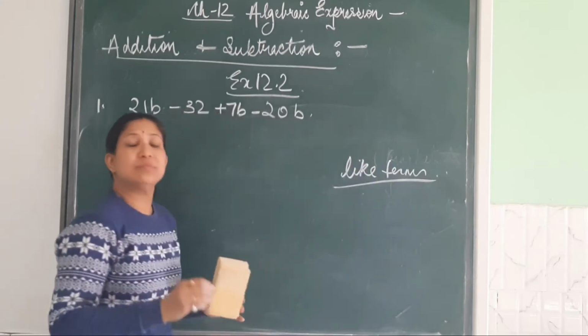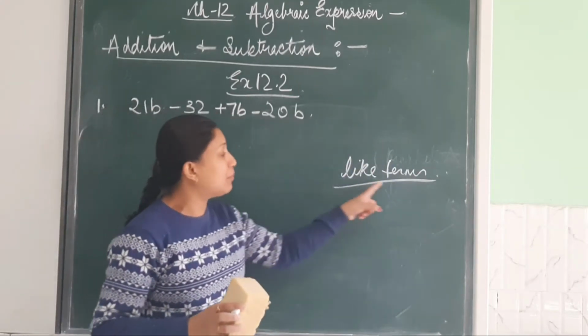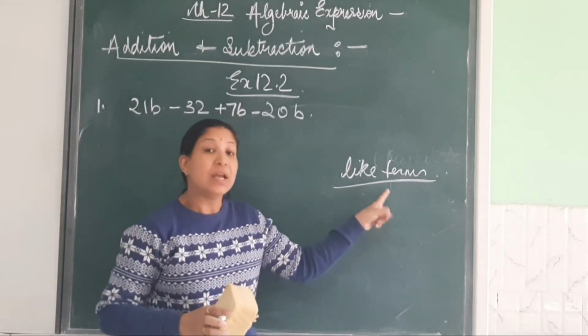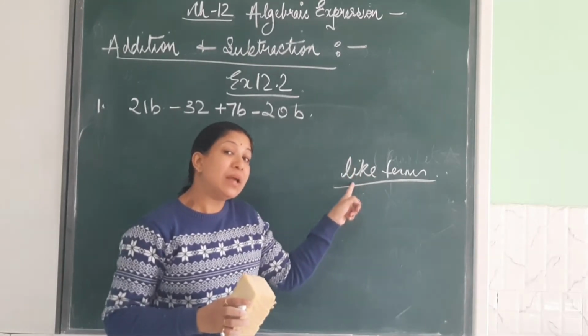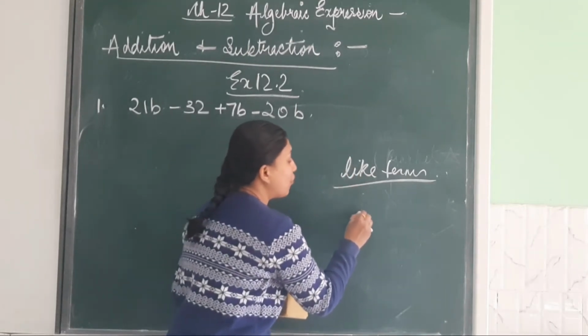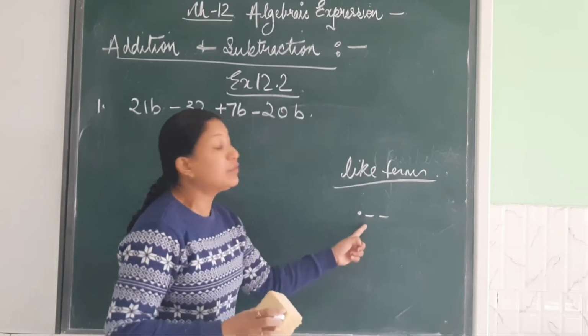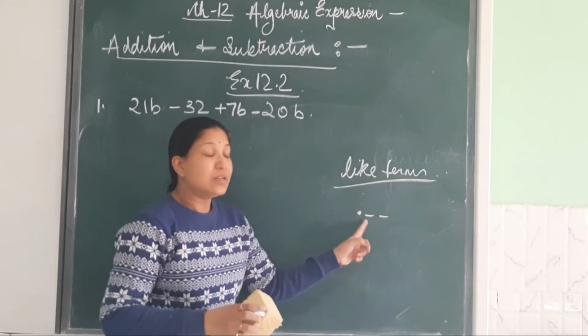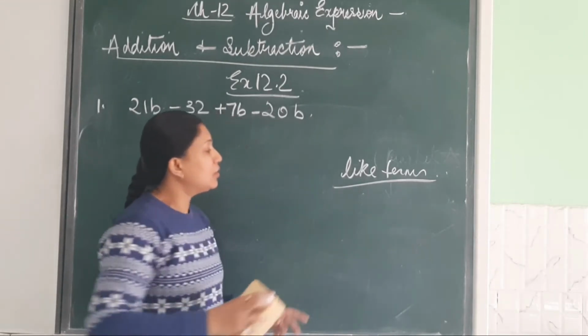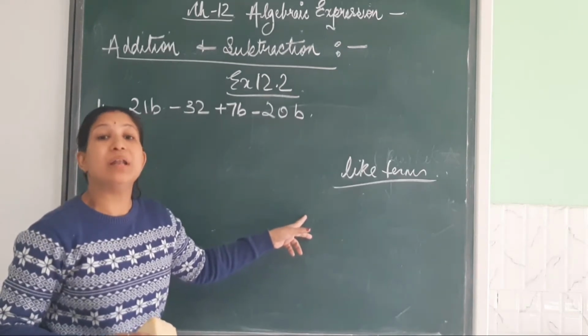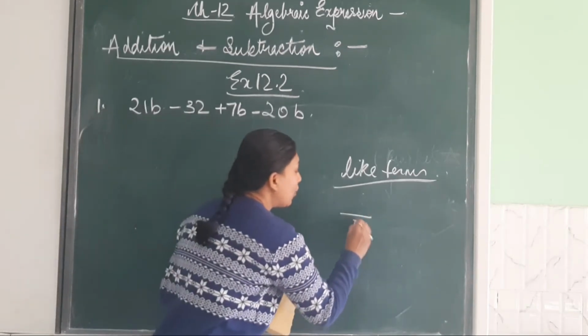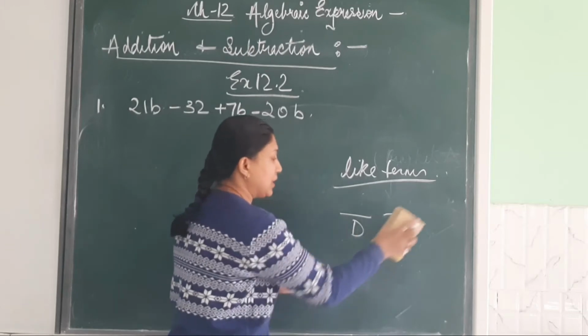we have discussed many times in many chapters about like terms. In decimals, what do you mean by like terms? When after the point the number of digits are the same. In the same way in fractions, what do you mean by like terms? When the denominators are the same. Yes or no?